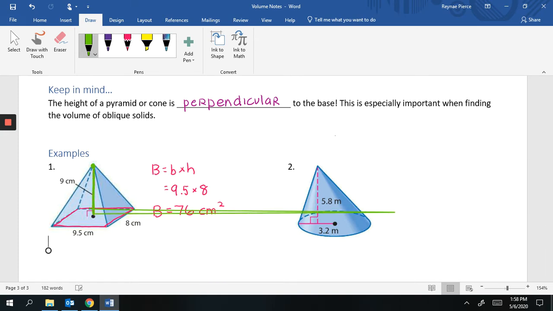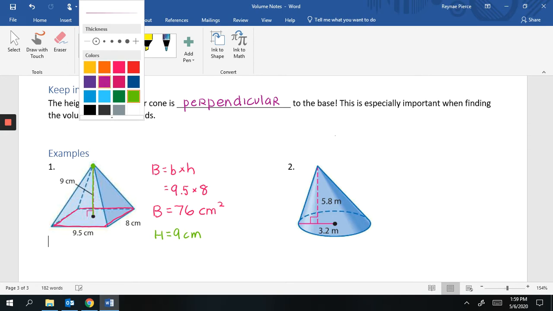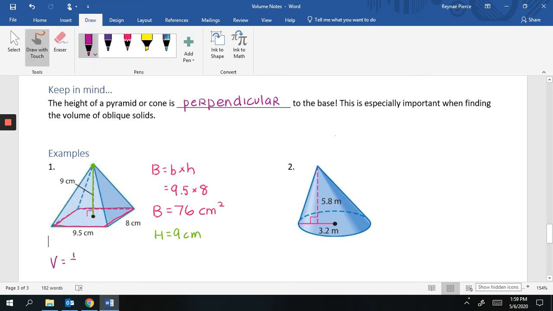For the volume, we will find 1/3 of the area of the base times the height.